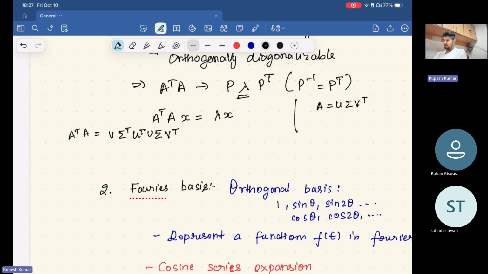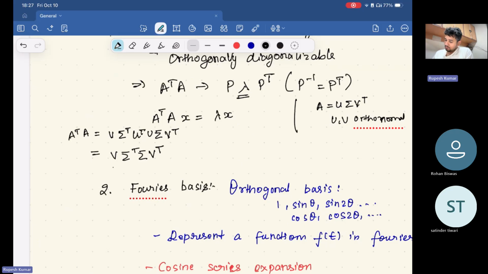We can always write this if we assume that such a decomposition exists. Given that U and V are orthogonal, orthonormal, which is already in the definition of SVD, you can see that this becomes V sigma transpose sigma V transpose.